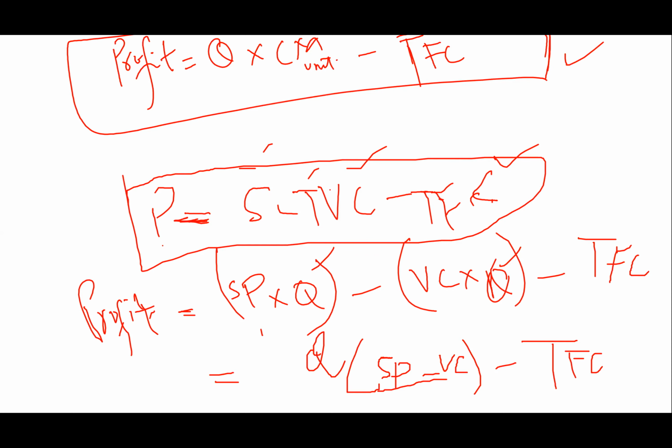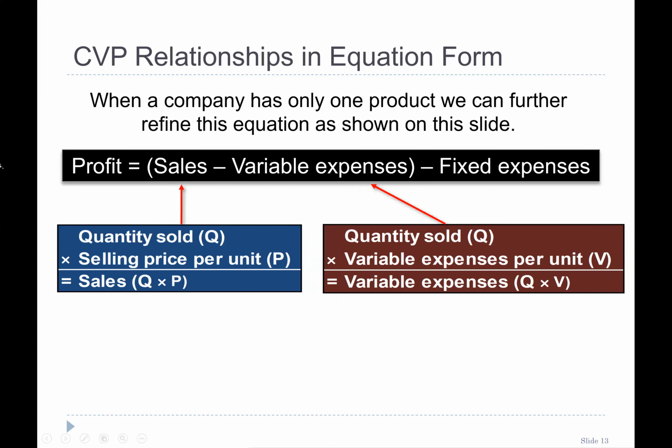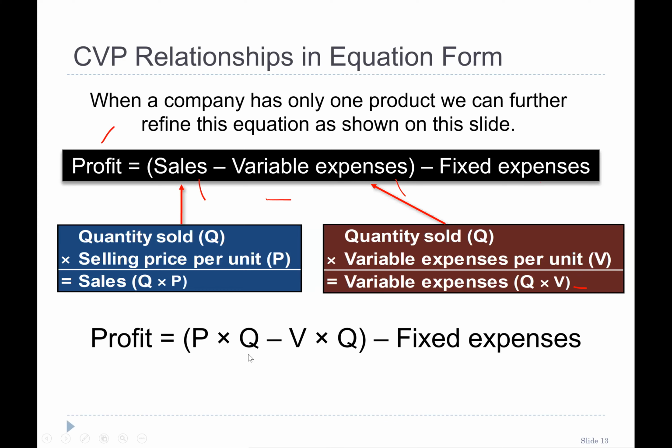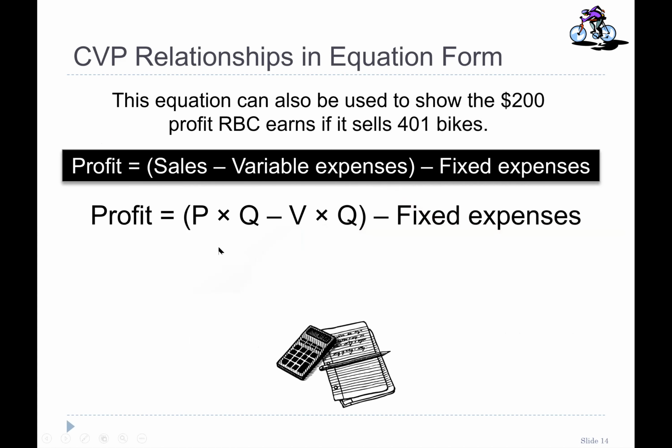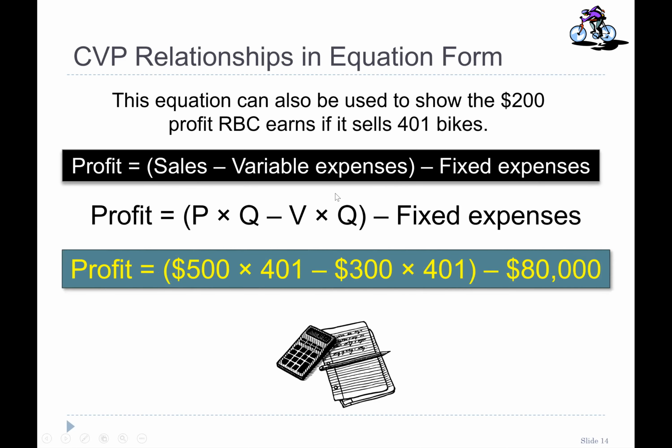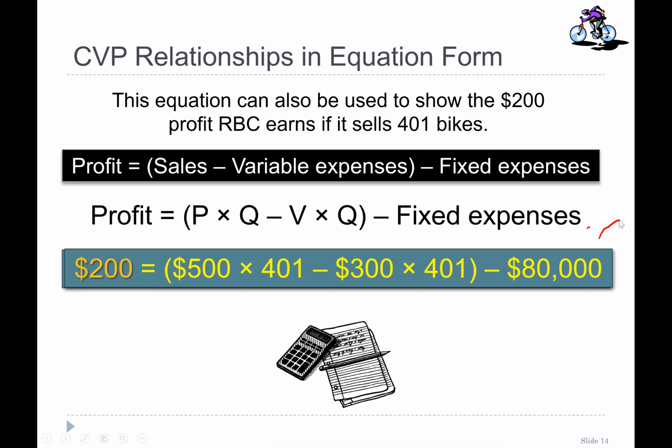So let's go back to our slides here. So profit is equal to sale minus variable cost minus fixed cost. We just converted these two to sale per unit and variable cost per unit. So P into Q minus V into Q satisfies the equation.